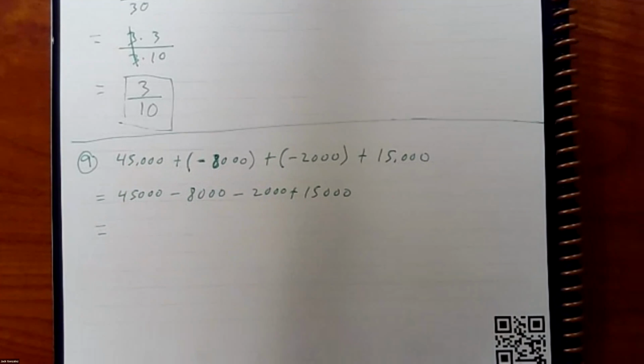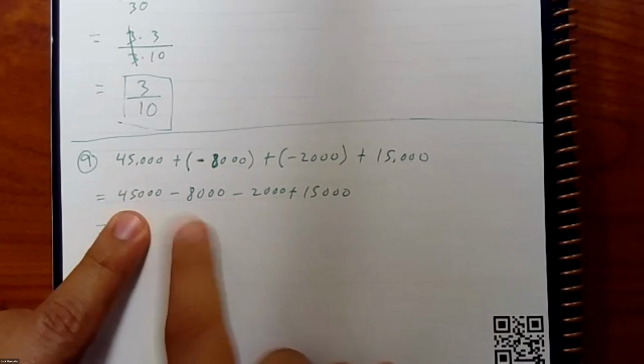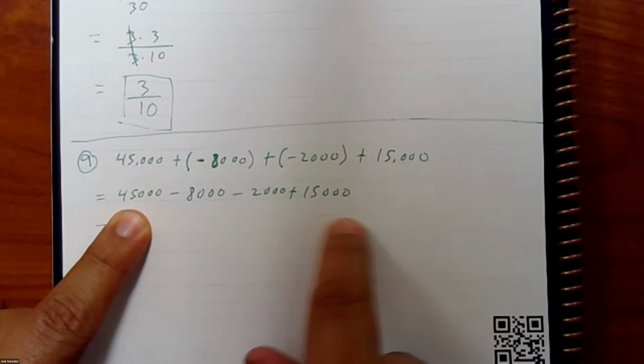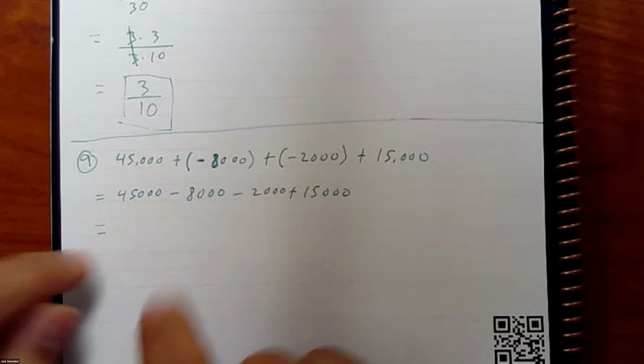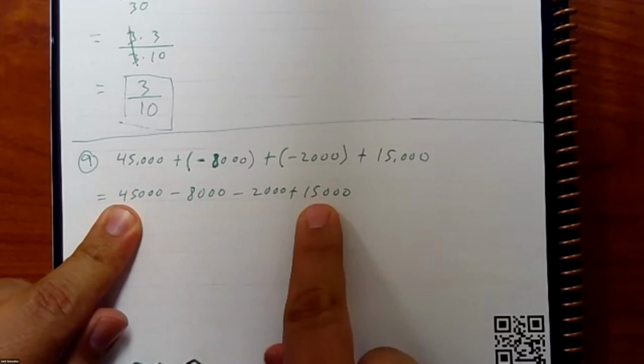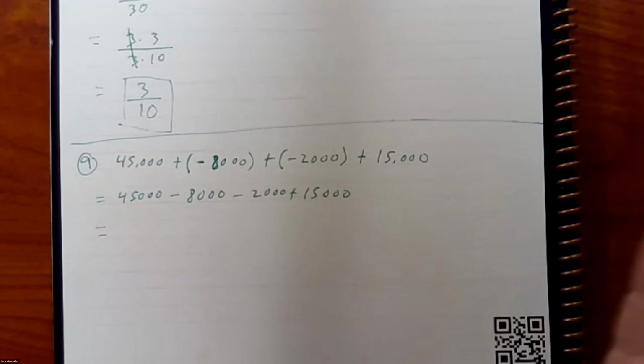So what'd you guys get? Yeah, it looks like positive 50, right? Okay. You can ignore the zeros if you want, and then just add it later, because it's all the same. 45 minus 8 minus 2 plus 15. They're all in thousands. You could if you wanted to.